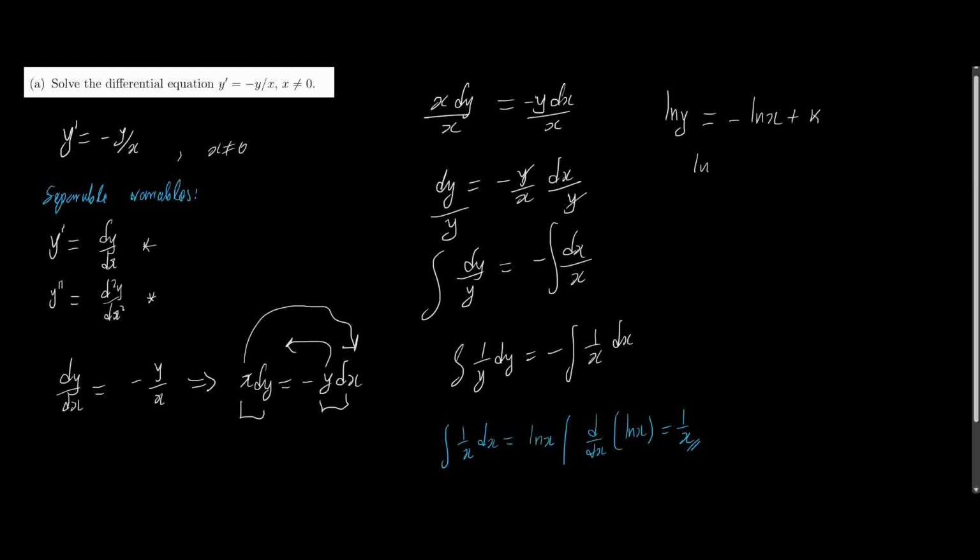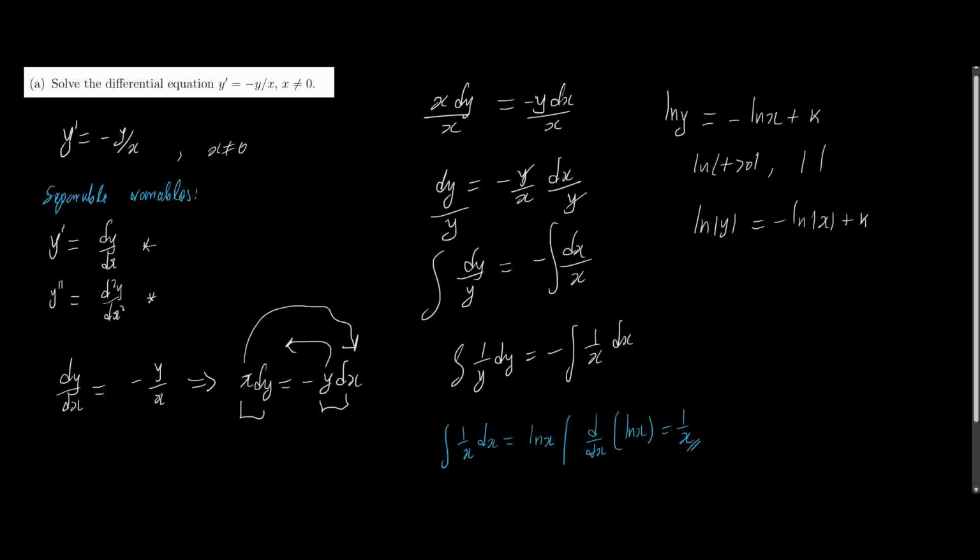Now ln is a natural logarithm, which is defined only for positive values, and in mathematics we use the absolute value sign for this. So we can rewrite this as the ln of the absolute value of y equals negative the ln of the absolute value of x plus k.